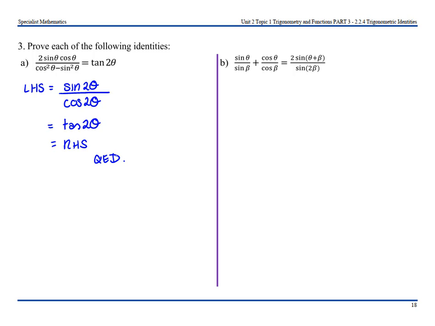The next one, let's start with our left-hand side, and let's get a common denominator. So sine theta cos beta plus cos theta sine beta.